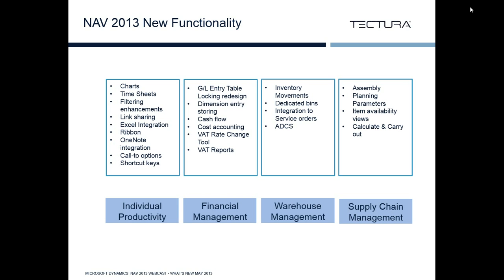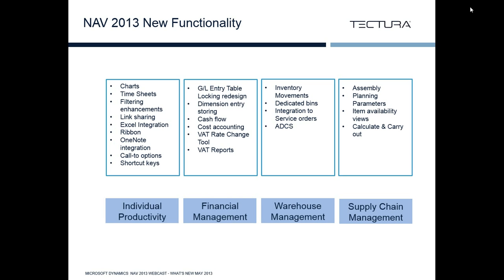experience of Dynamics NAV. In the area of financial management, there have been a number of improvements in the product, including general ledger entries, dimension entries, cash flow, cost accounting, and some rate change tools and reporting around VAT or GST as it's known in the Australian context. In the area of warehouse management, again, some significant improvements around inventory, bin management, integration to service management, and advanced data capture, so for integration into barcoding and RF reader devices.